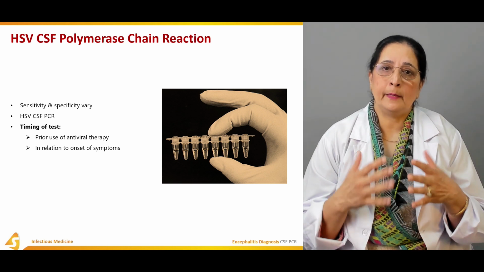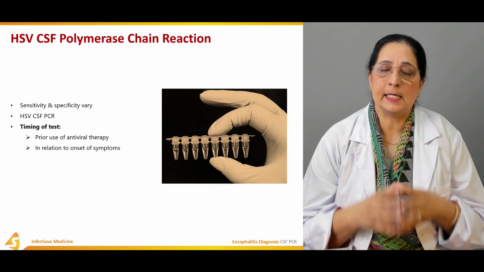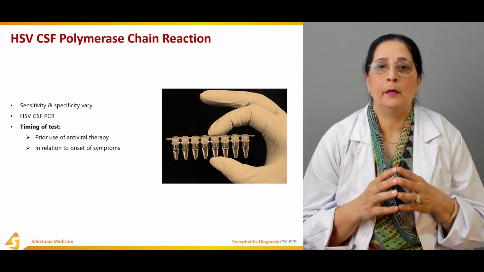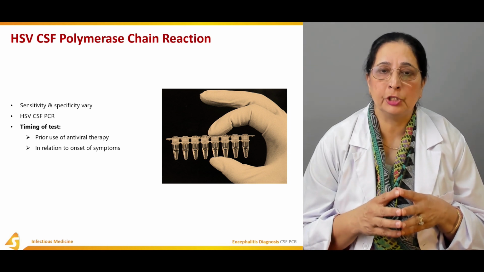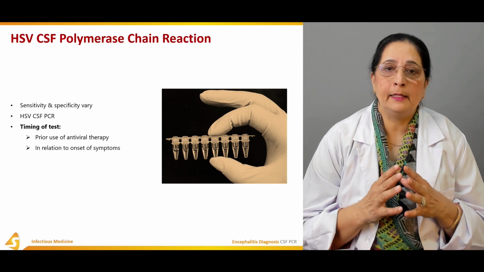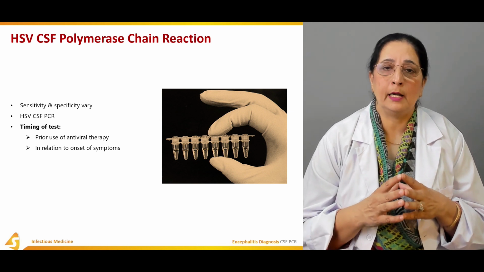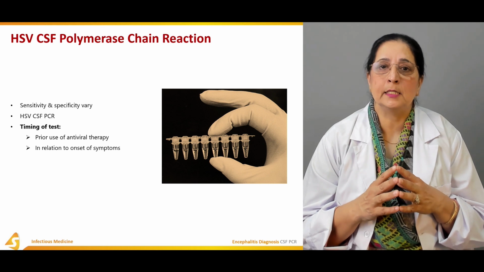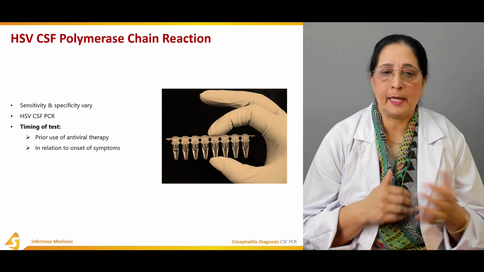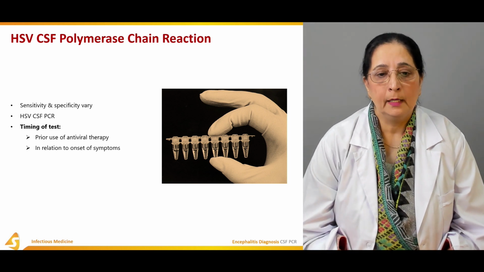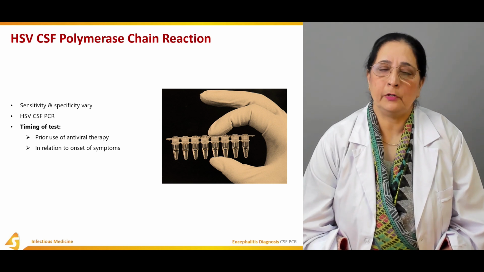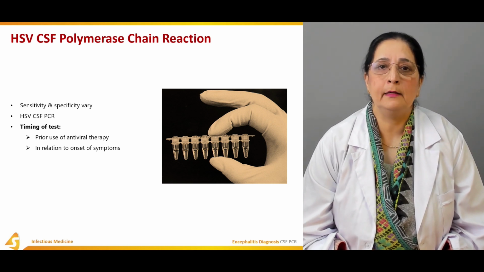There are some factors that affect the sensitivity and specificity of this polymerase chain reaction in herpes simplex virus infection, and the timing at which the test is performed is very important. Prior use of antiviral therapy affects the result, and also the onset of the symptoms can affect the result.